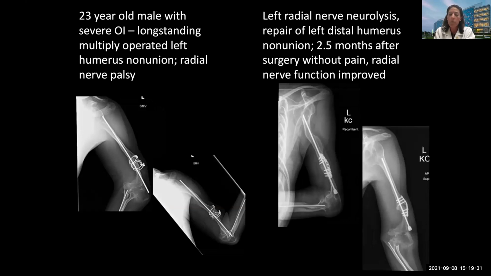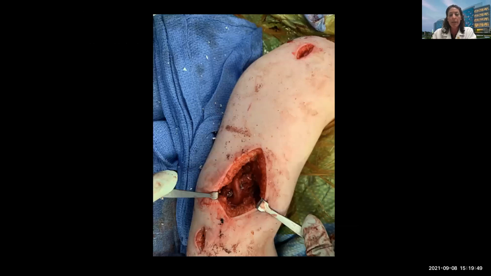We did use a supplemental plate and screw construct because it was very rotationally unstable, and fortunately went on to heal. And by freeing the radial nerve from the bed of scar tissue, we were able to regain some function from that nerve. And I mentioned the radial nerve.